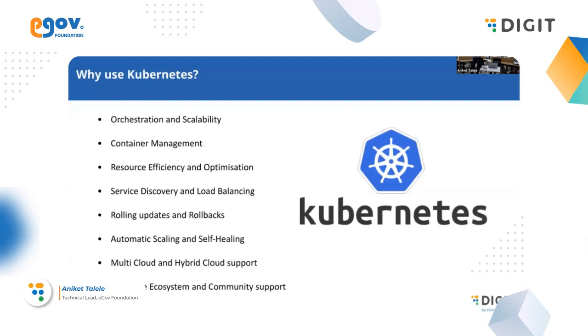Automatic scaling and self-healing I already talked about, right? You can automatically scale, and if something goes down, it will automatically try to get it back up. And also there is a lot of community support available for Kubernetes, as it is a very widely adopted tool.